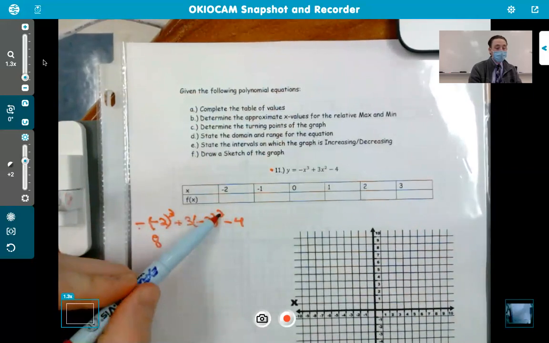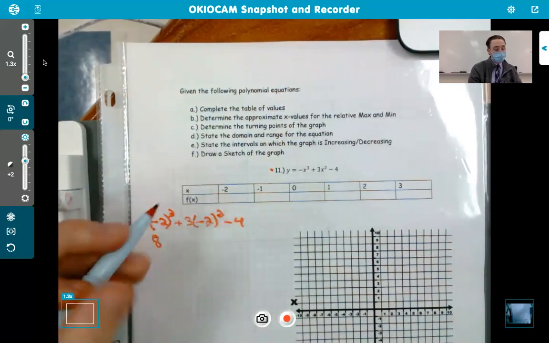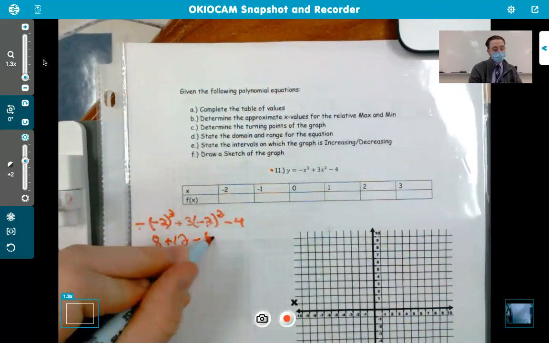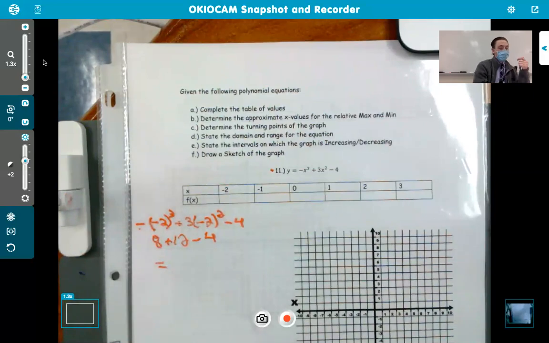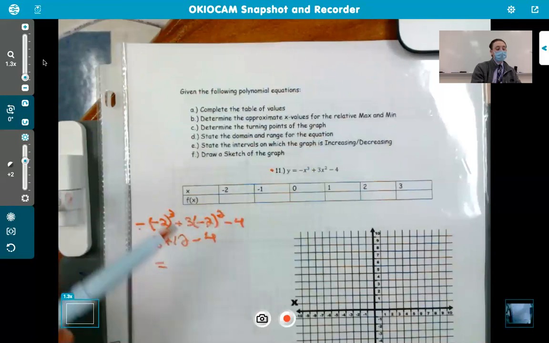So just keep that in mind. Negative 2 squared is 4. 4 times 3 is 12. And then I have the minus 4 on the end. What is 8 plus 12 minus 4? Somebody from home, tell me what the value is when I plug in negative 2.